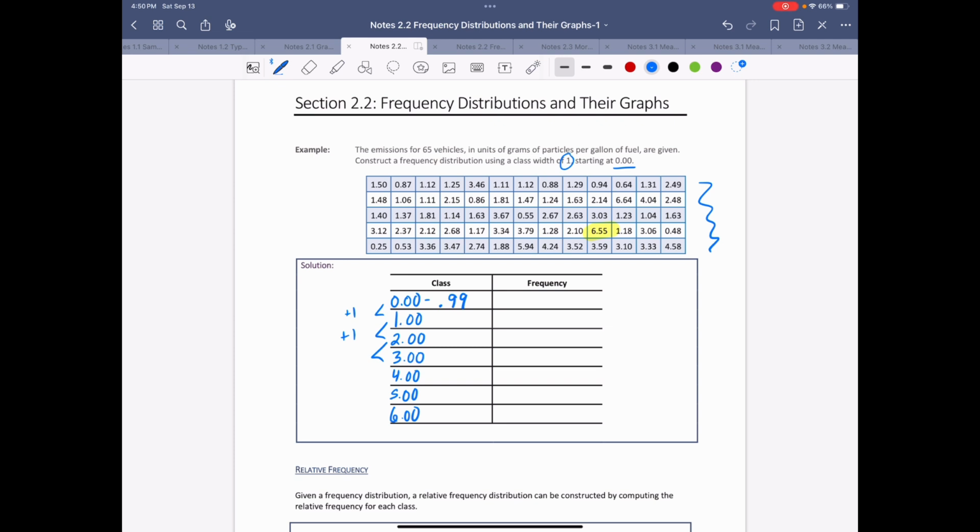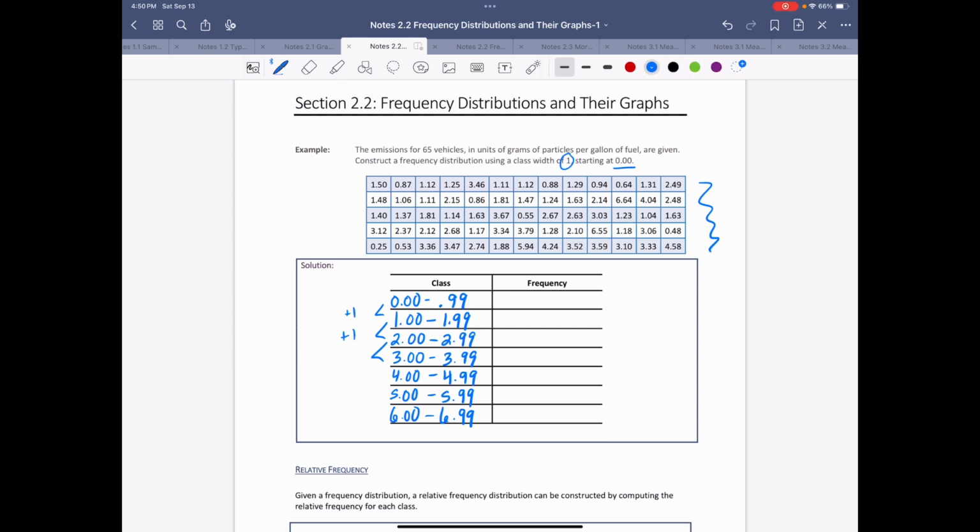So you go with whatever your data looks like. 1 to less than 2 is going to go to 1.99. 2 to less than 3, 2.99, 3.99, 4.99, and so forth. And when I get to this one, I look at that 6.55 and I see that that's no problem.